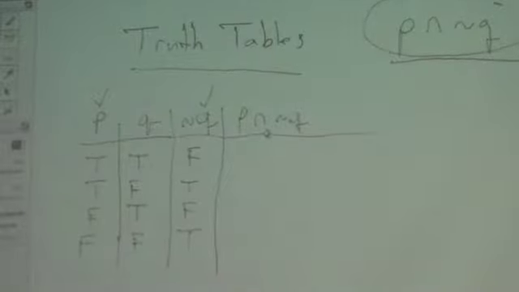So I'm just going to copy exactly what I have up here, right here. That's a Q. Okay, so now I'm going to take this P column right here, I'll put a check mark, and the negation Q column right here. I'm going to put these two columns together with an and in the middle. Conjunction means and.